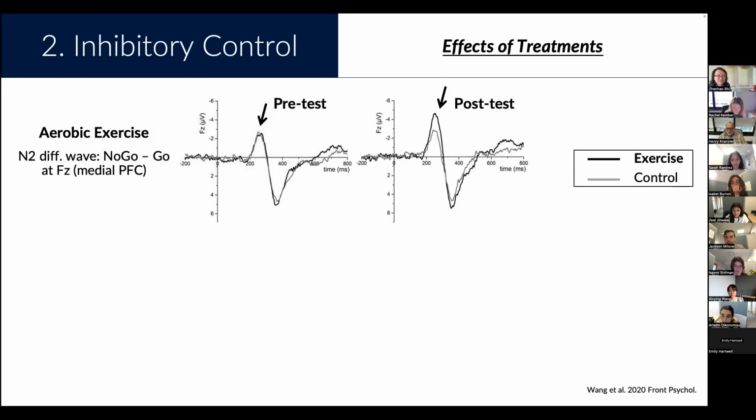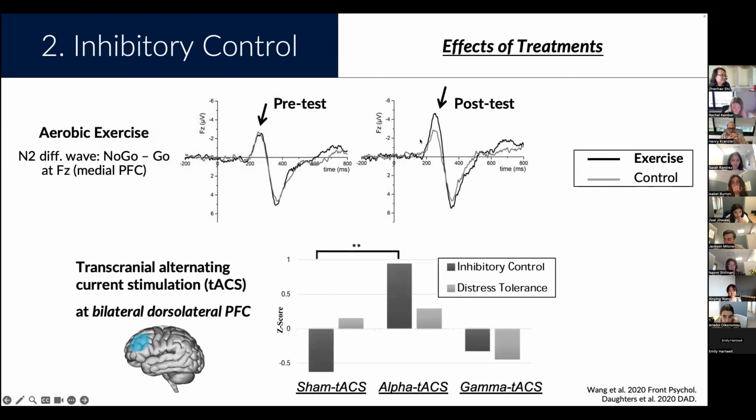There were also studies on non-pharmacological interventions. For example, one study looked at aerobic exercise, and they found that this kind of exercise was able to increase the N2 response to no-go versus go stimuli at the prefrontal region. Another study used tACS, which is a non-invasive neuromodulation technique.